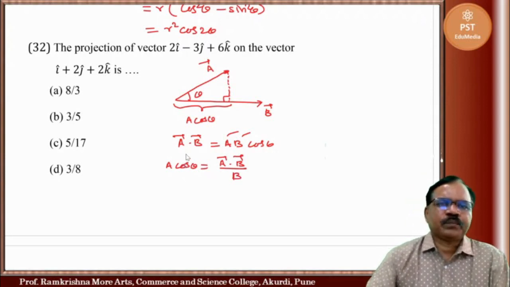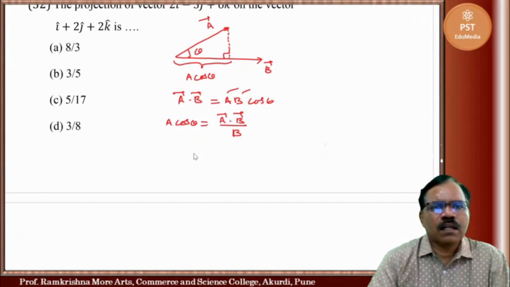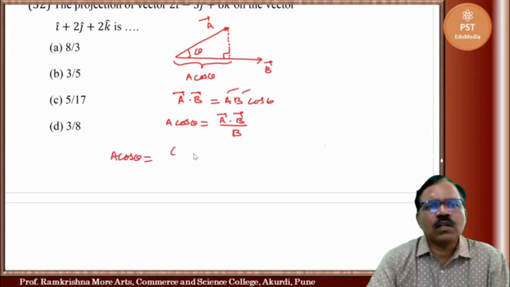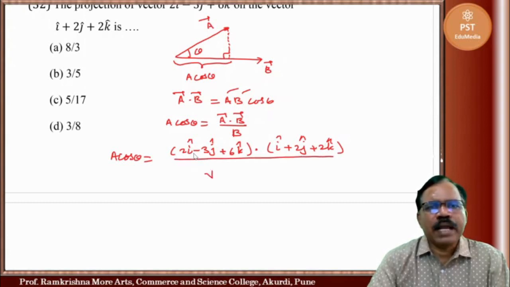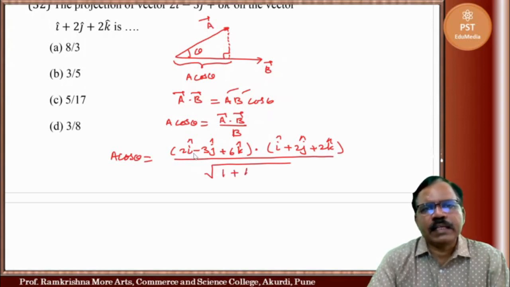Now see here, a cos θ will be equal to, now a is 2i minus 3j plus 6k dot i plus 2j plus 2k divided by magnitude of b. So magnitude of b, that is 1 plus 2 square, that is 4, plus 2 square, that is 4.